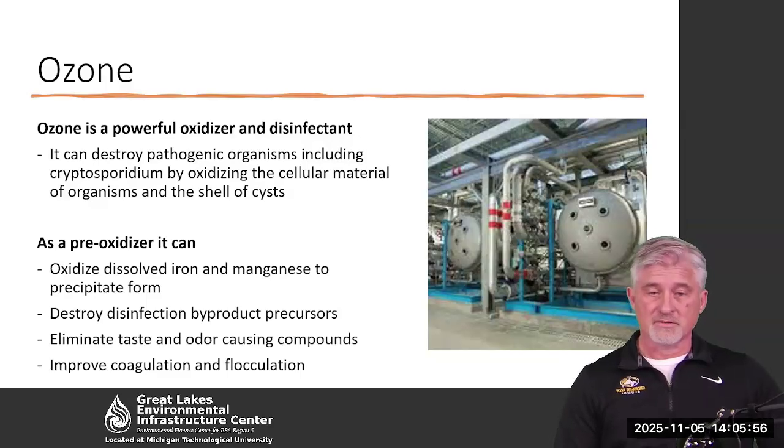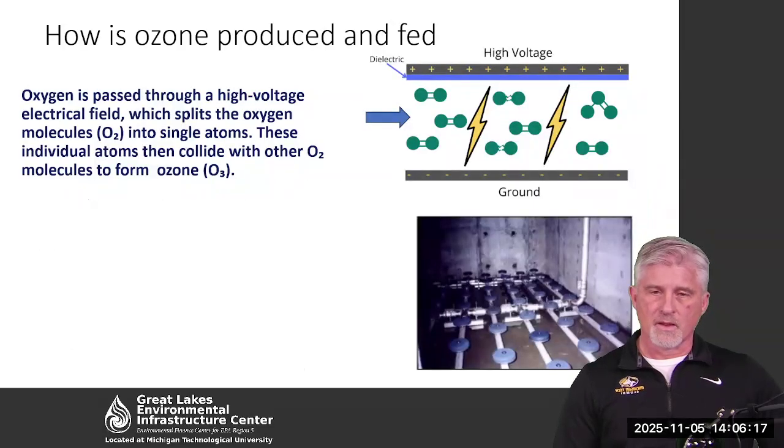It can destroy those disinfection byproduct precursors, the things that can result in disinfection byproducts. It's really good for eliminating taste and odor issues, and it can improve our coagulation and flocculation. One of the things about it is that it tends to be very energy intensive, which hinders its use.